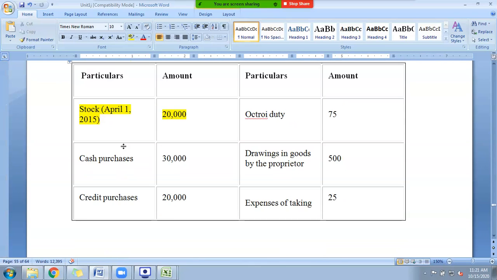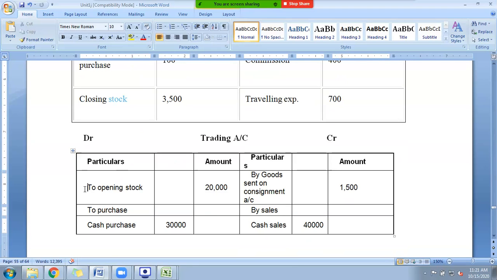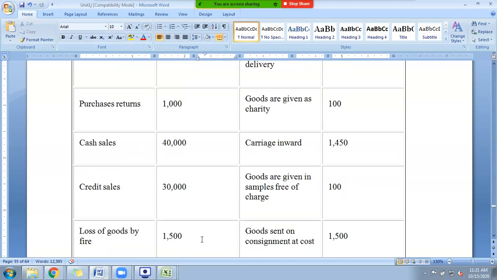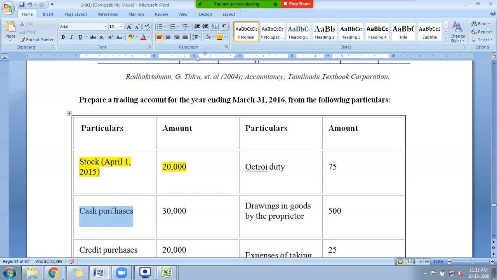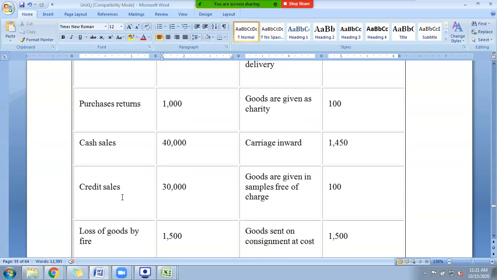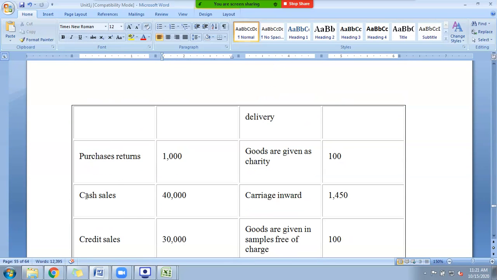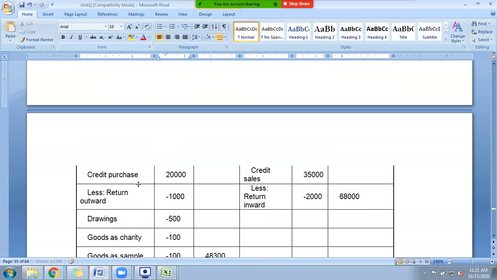Okay, so opening stock 20,000 rupees. And in the trading account I made opening stock 20,000 rupees. Correct? Okay. Then what we made? We made a cash purchase of 30,000 rupees and a credit purchase of 20,000 rupees. Correct?